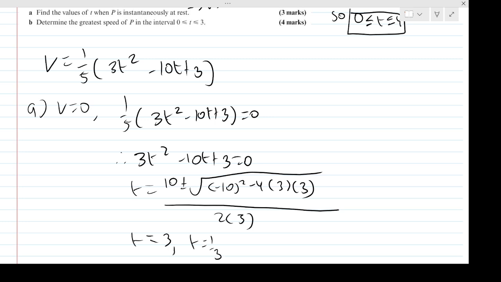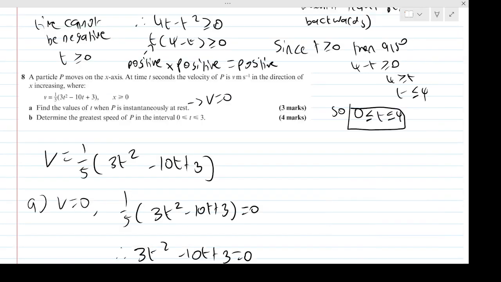And so those are my two solutions, right? They're both positive, they both make sense. So those are the values, the two solutions for t here. And then in part B, it wants to find the greatest speed between 0 and 3.